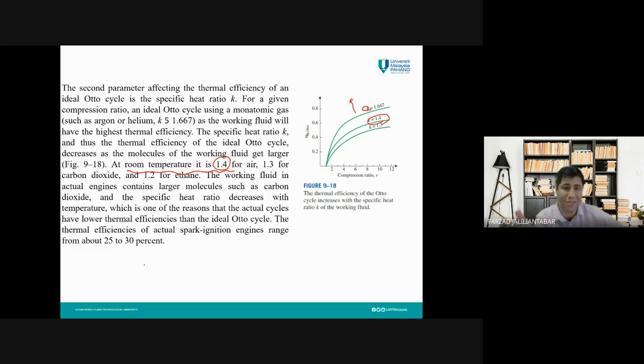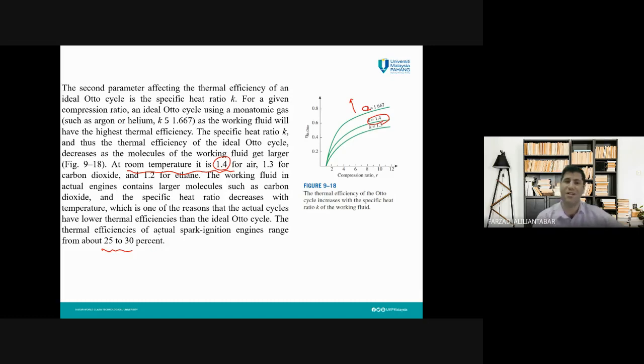or SI engine. Then how much can the thermal efficiency of this type of heat engine actually be? The common efficiency which we have for this kind of engine nowadays, even for the most efficient one, is between 24 to 30%.